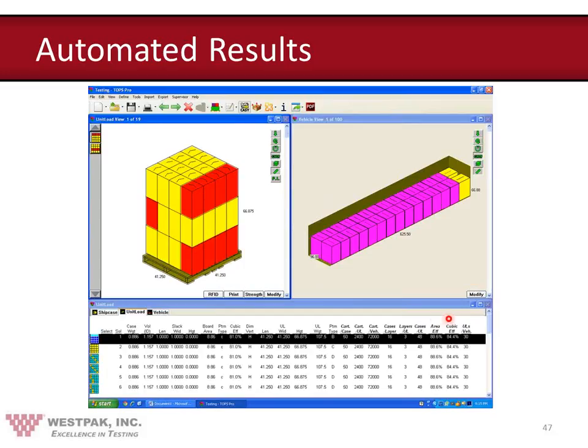With this design, you're at around 84% cubic efficiency, and the units per vehicle is going to be 2,400. That's just the numbers it spits out for you. But again, these automated programs are definitely, I would say, the key to cube utilization.